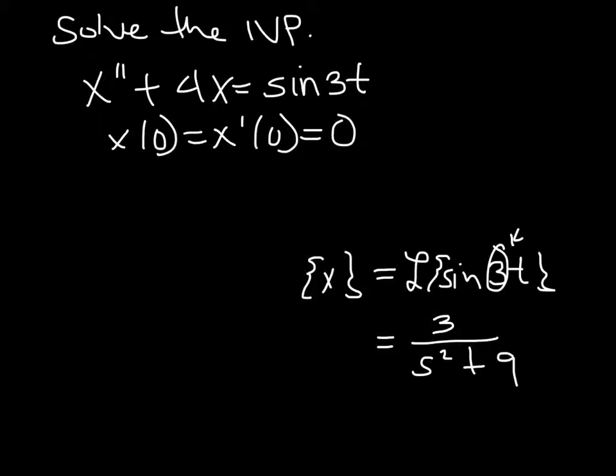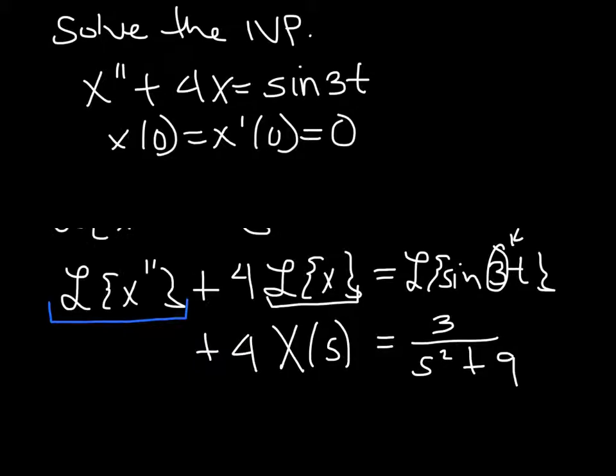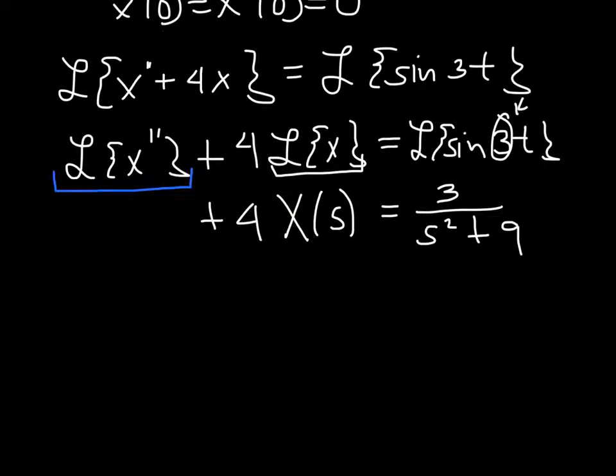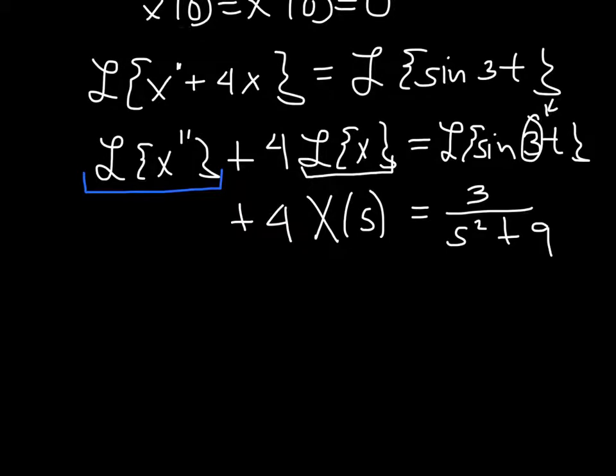And we know this guy, and actually this one has no derivative, so it's just going to be chi of s. So I'm going to write this in: 4 times chi of s. Of course, because I write very big, I'm missing this part right here.